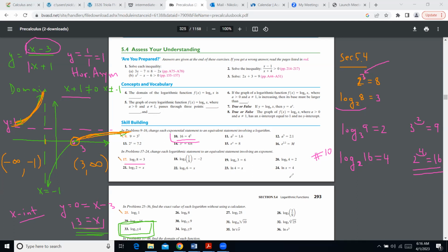Or if you do problem number 17 that says logarithm base 2 of 8, well, we just did it here. Logarithm base 2 of 8 is equal to 3, that I can write as 2 cubed is equal to 8. How about number 18? Let me do number 18. Let's just stick with these for now. I just want you to get used to the logarithms.